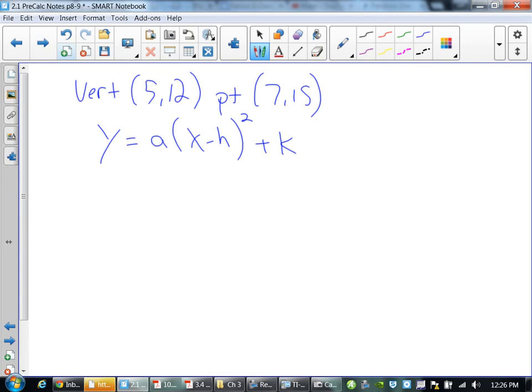My h and k in this case would be 5 and 12. The x and y in this case are 7 and 15. So 15 has to equal a times 7 minus 5, quantity squared, plus 12.